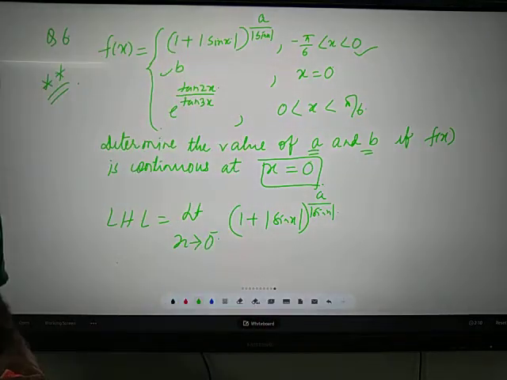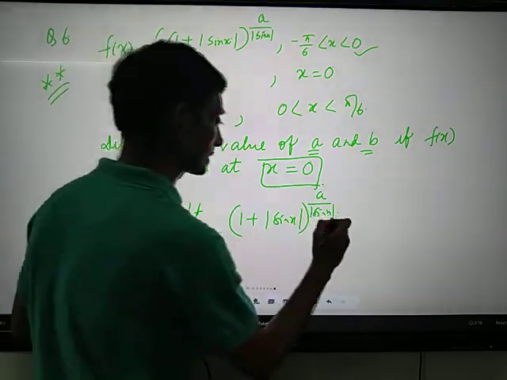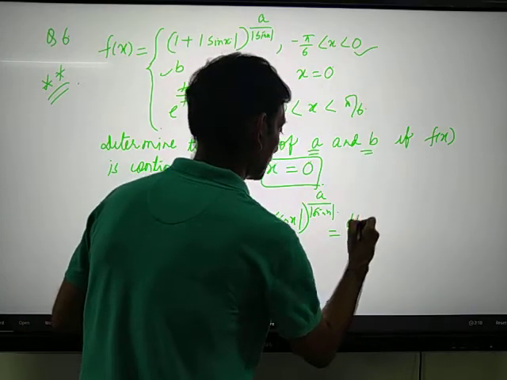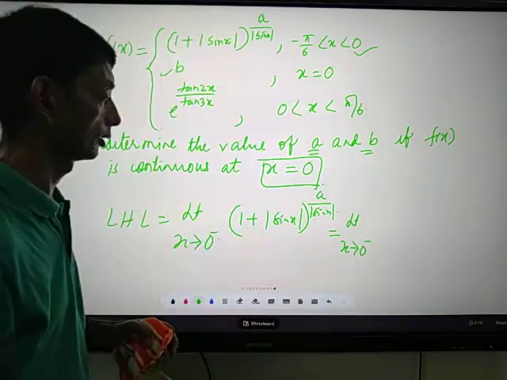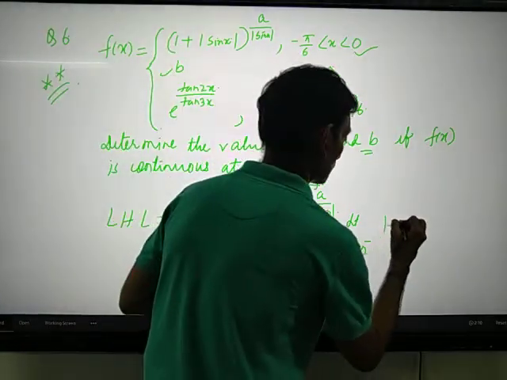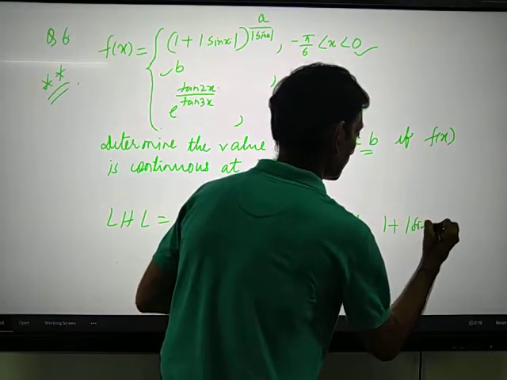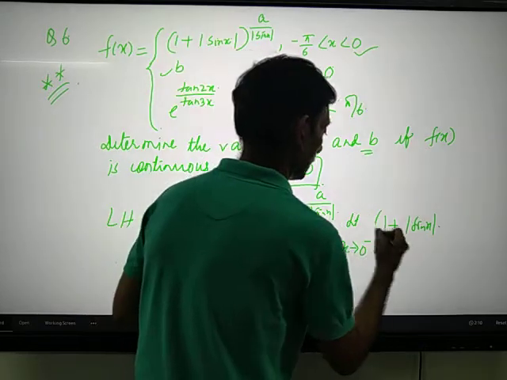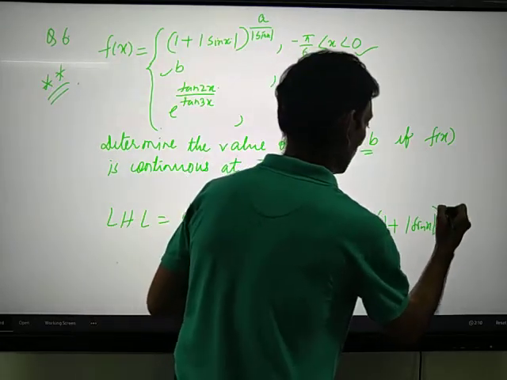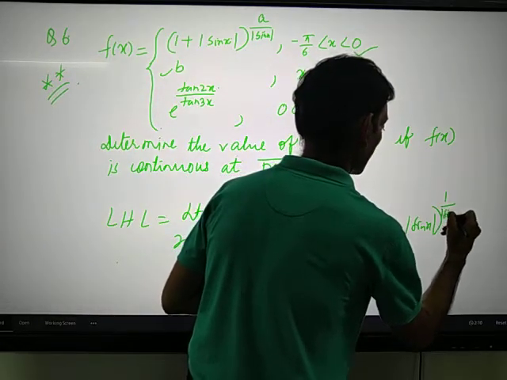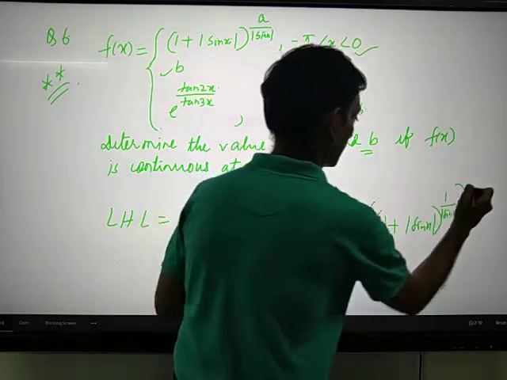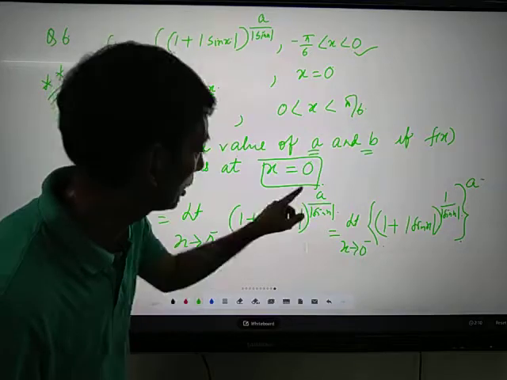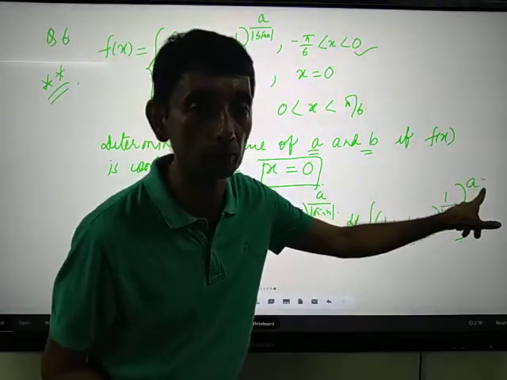In one step you can simplify this: limit x tends to 0 minus, this can be written as 1 plus mod sin x to the power 1 by mod sin x, and the whole to the power a. So this exponent a by mod sin x can be written in this form.